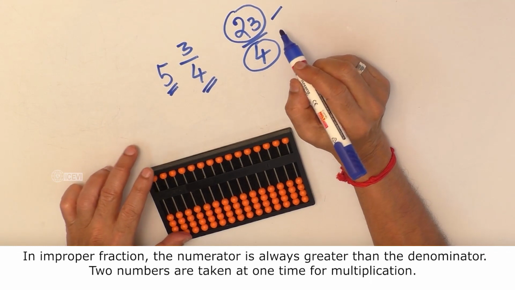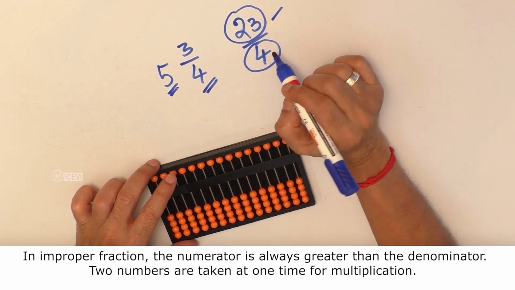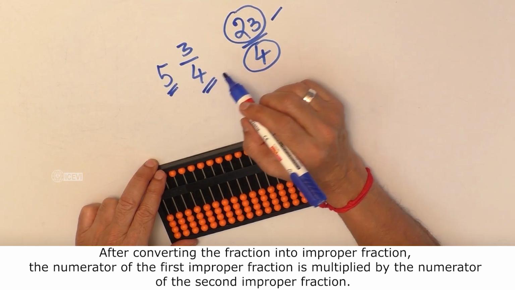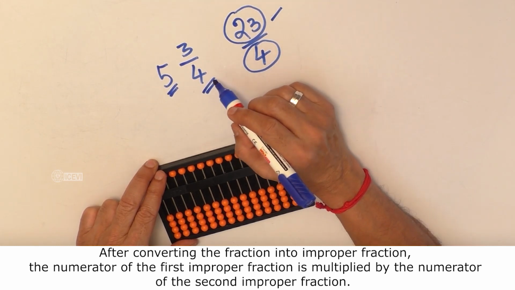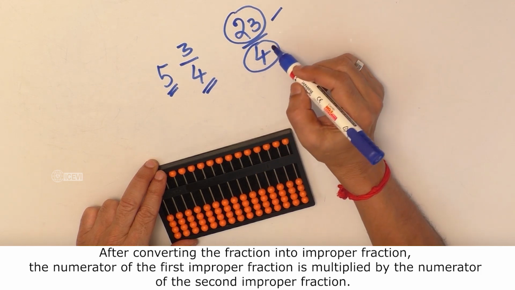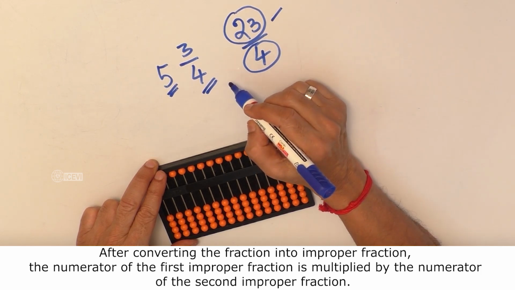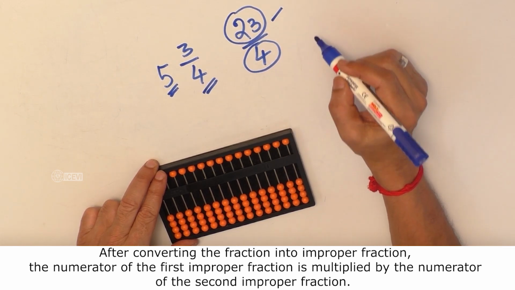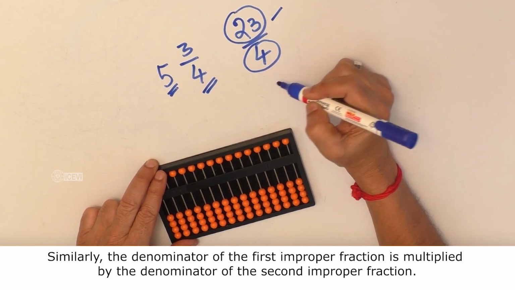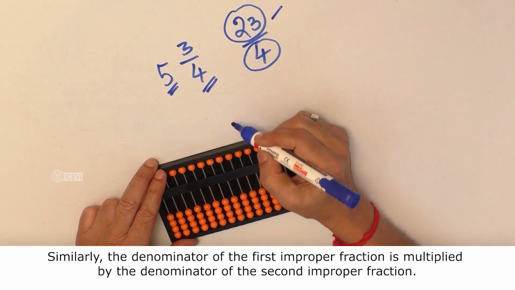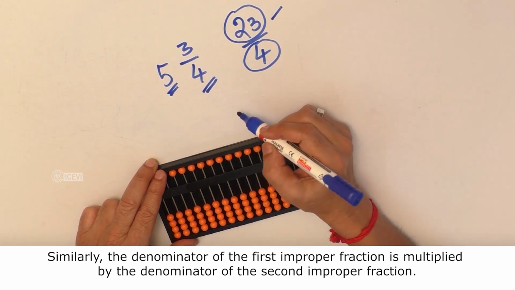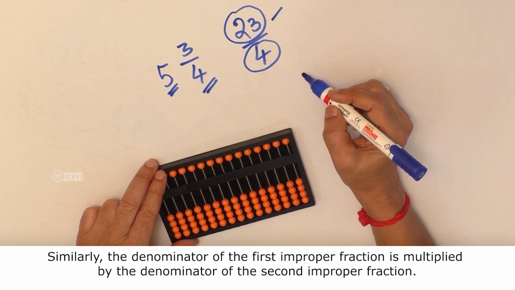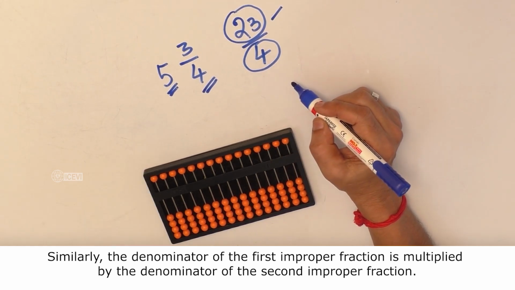Two numbers are taken at one time for multiplication. After converting the fraction into an improper fraction, the numerator of the first fraction is multiplied with the numerator of the second improper fraction. Similarly, the denominator of the first improper fraction is multiplied with the denominator of the second improper fraction.